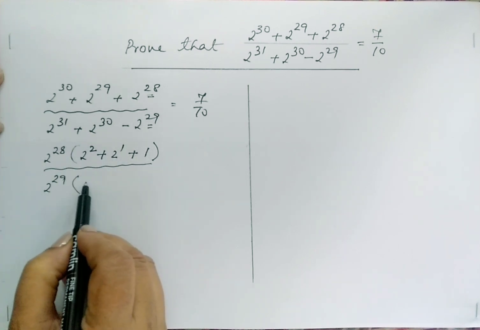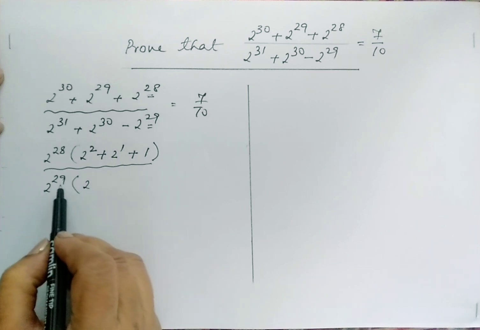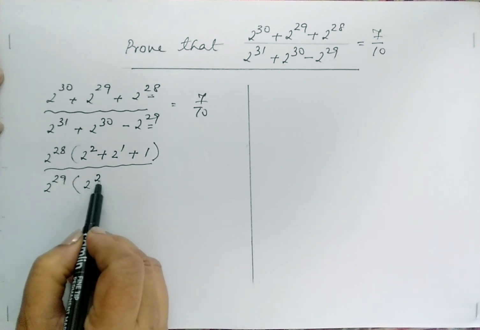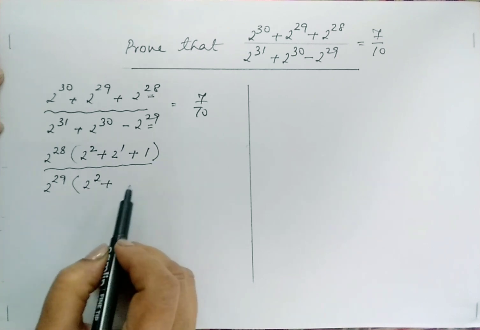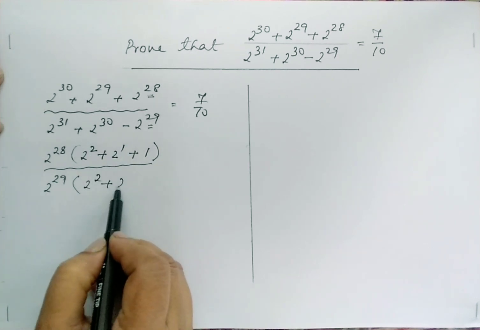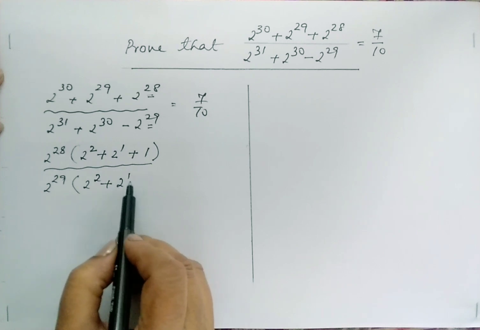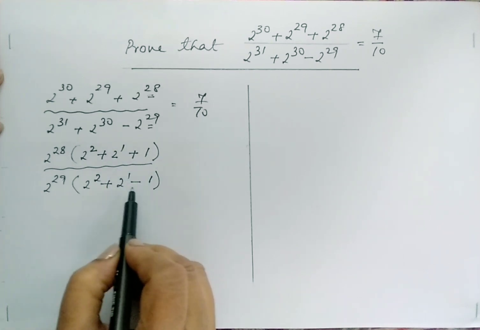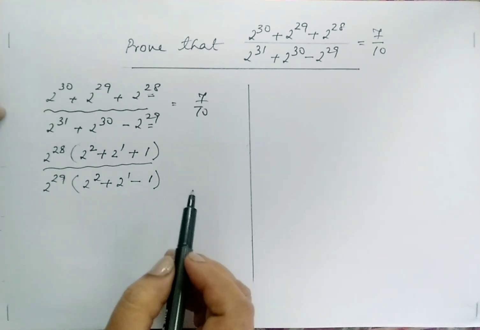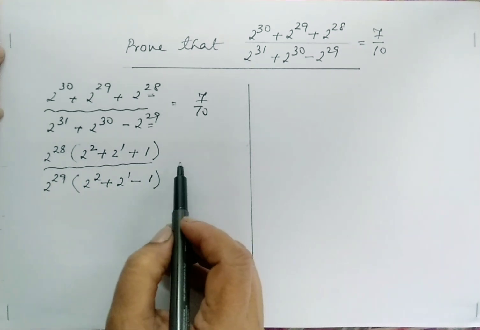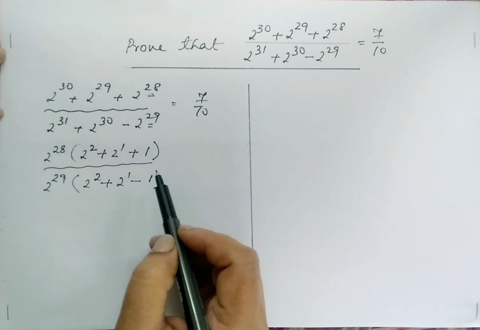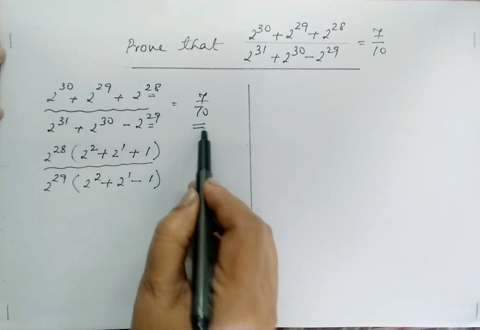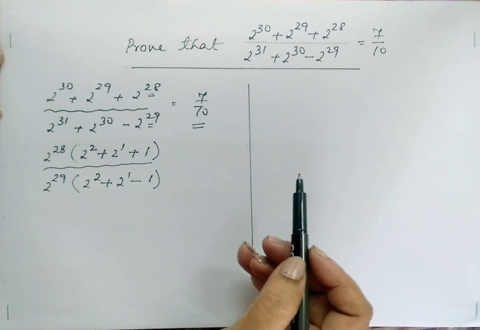What are we going to get for this? 29 is already here, 30, 31. So here plus how much? Correct. Now there is a minus sign over here, which means we put a minus sign there. We have to simplify this in a manner that we get eventually at the end 7 by 10.